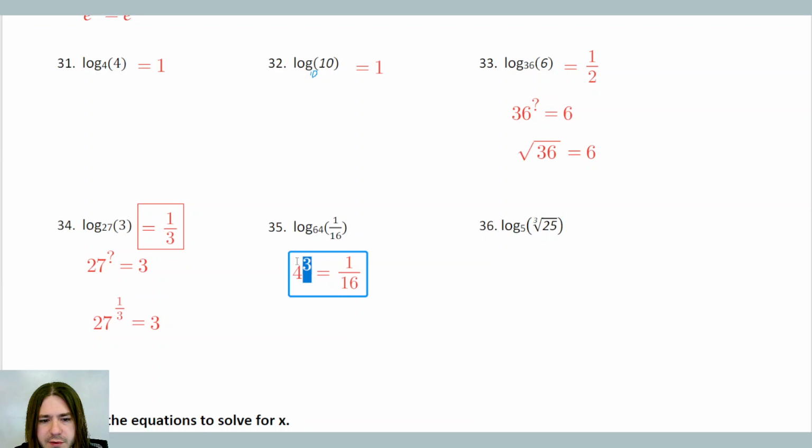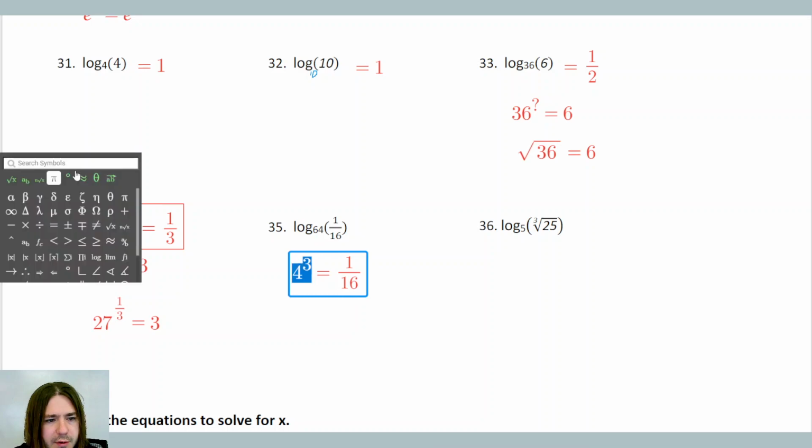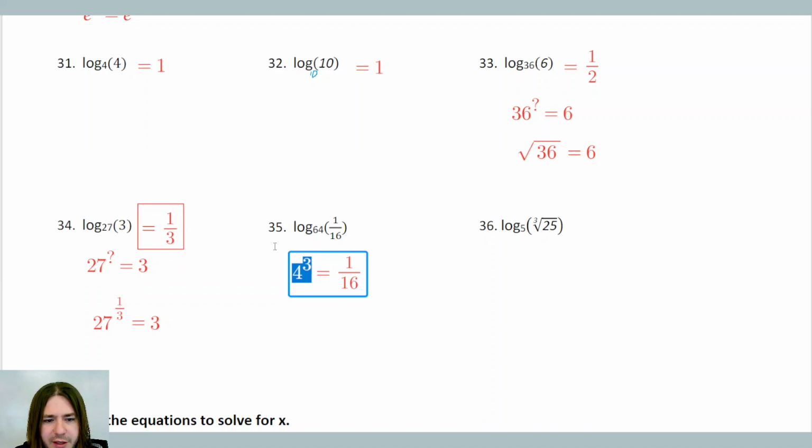Why is this not working? You know what? Here, I'll just try it like this. Where's my parentheses? I guess I just have to type it. Sorry for the technical issues here.